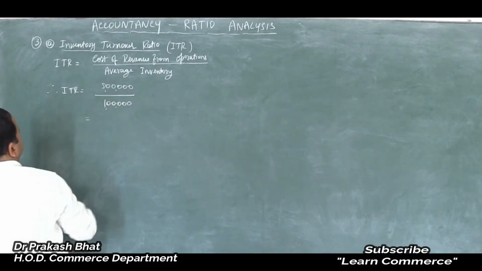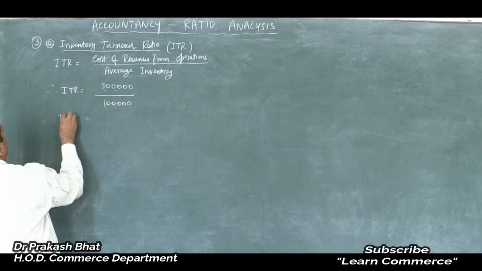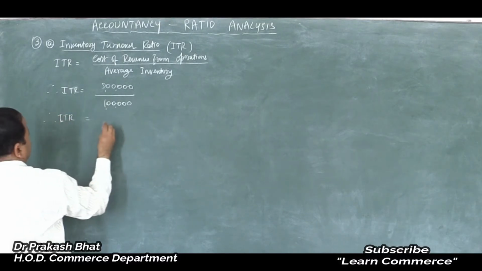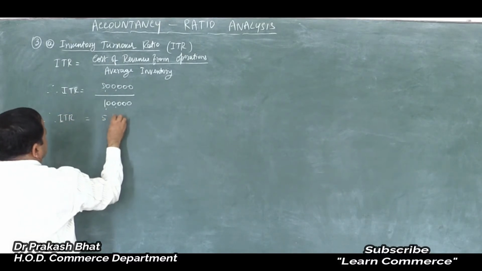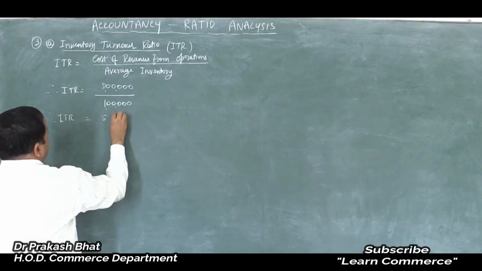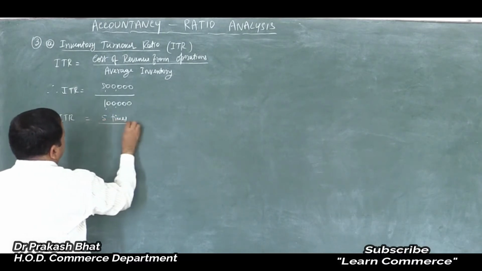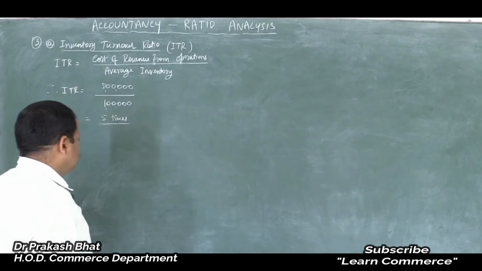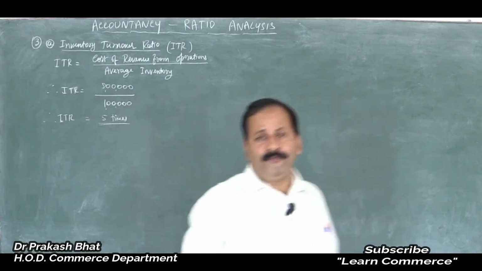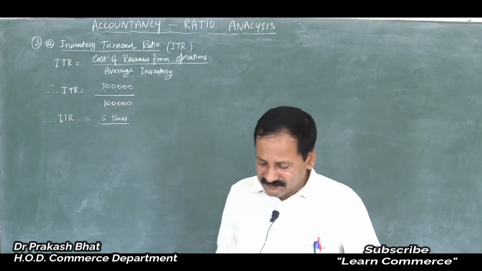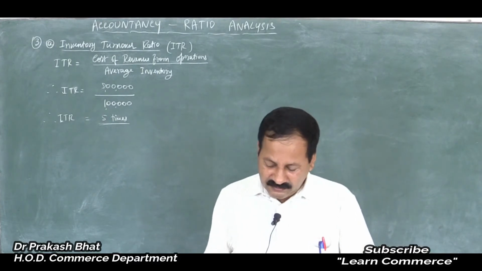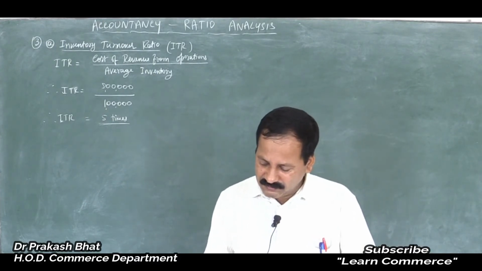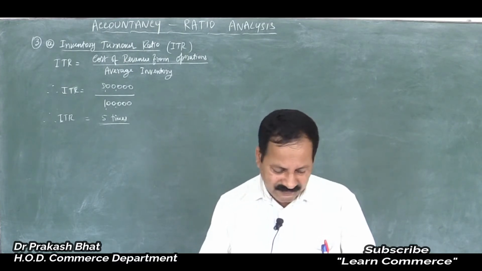Therefore ITR is equal to how much? 5 times. Remember, whenever it is given to find out the turnover, then it should be represented in the form of times. So 5 times. Correct? 5 times. Yes, it is.